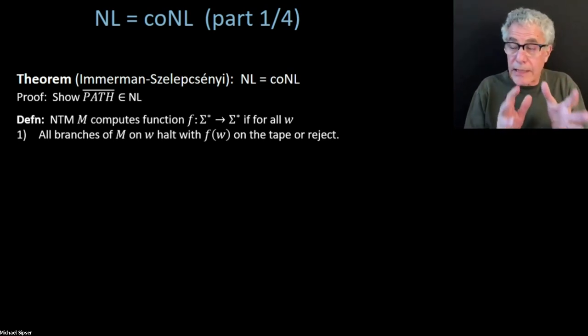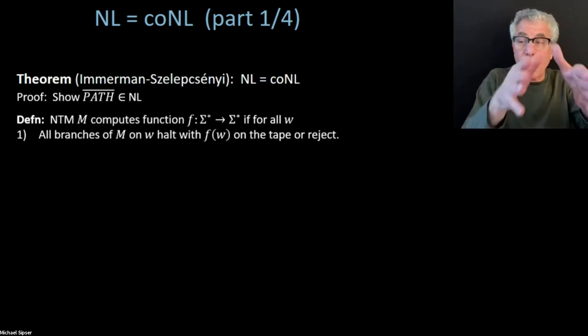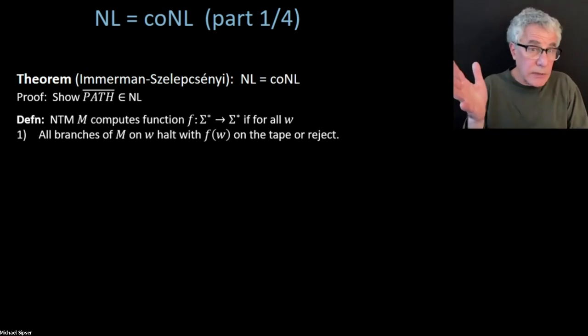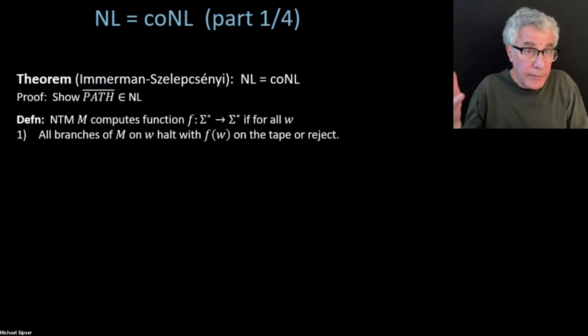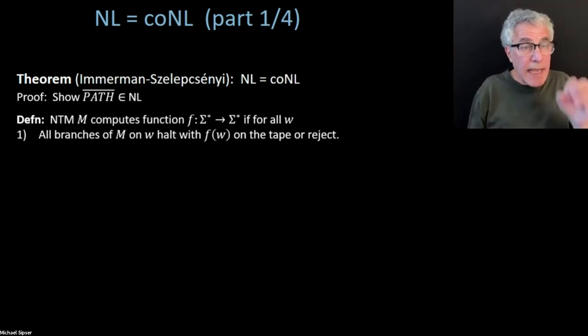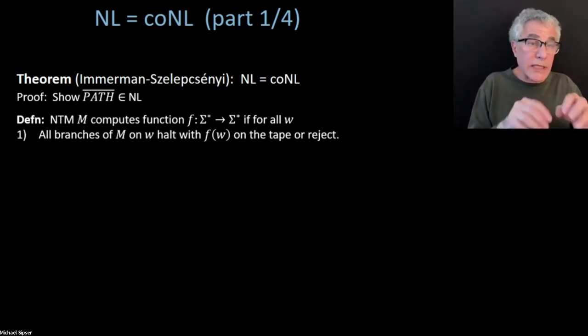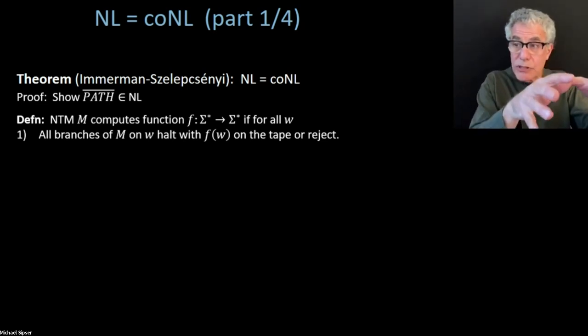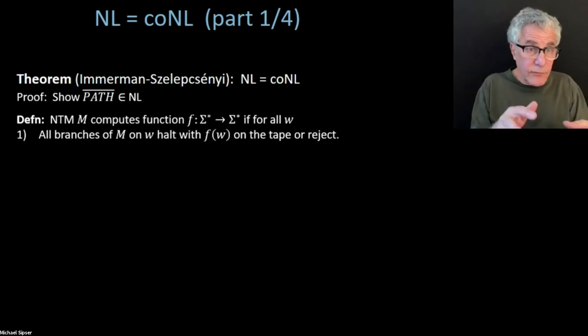On each of its branches, the non-deterministic machine is allowed to either give f of w, or reject, meaning punt, or say I don't know. Every branch that gives an answer has to give the right answer, since there's only one right answer.